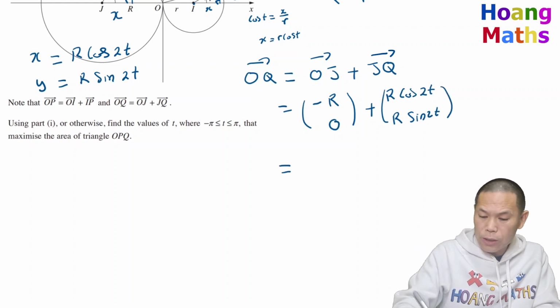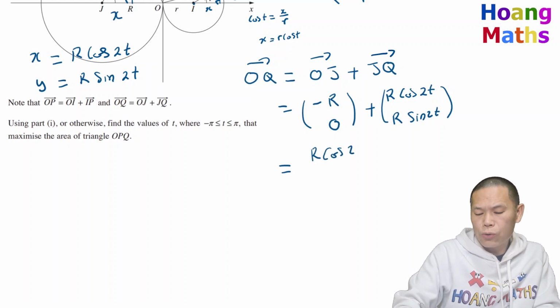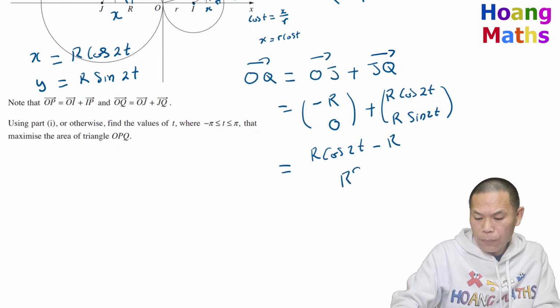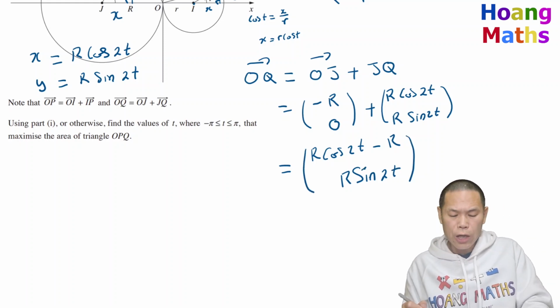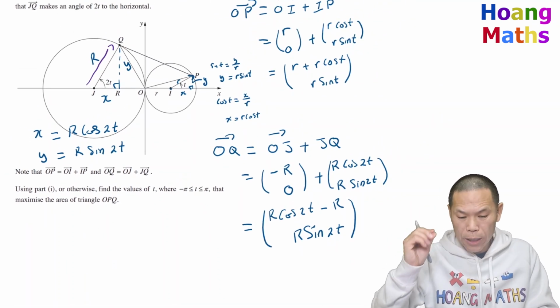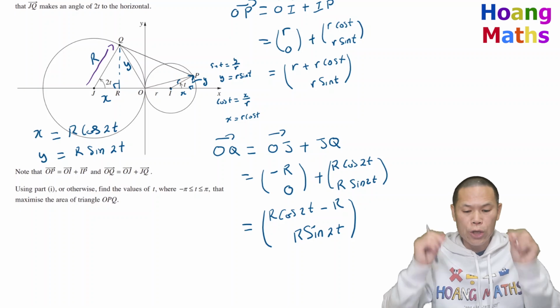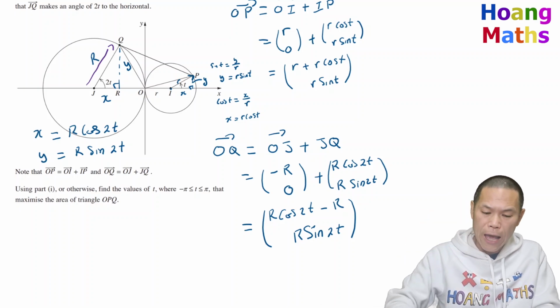So now we just add them up. So this is exactly the same as R cos 2t minus R, and then this is R sine of 2t. So there you go. Now we have OP and we have OQ. Let me just rewrite it out for you here.